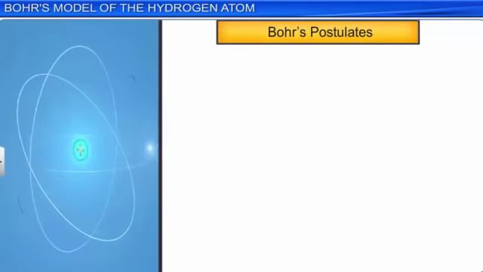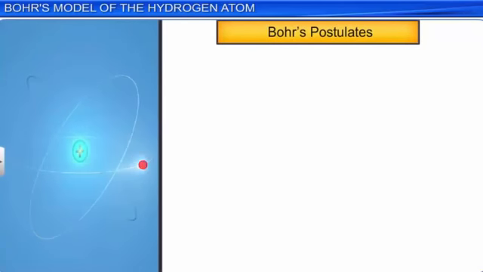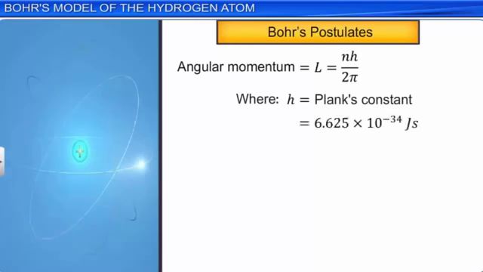According to Bohr's second postulate, the electron revolves around the nucleus only in those orbits for which the angular momentum L is an integral multiple of a constant equal to nh by 2 pi, where h is Planck's constant equal to 6.625 into 10 to the power minus 34 joule second.